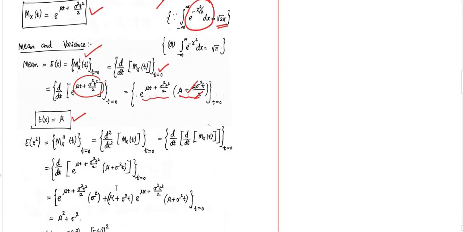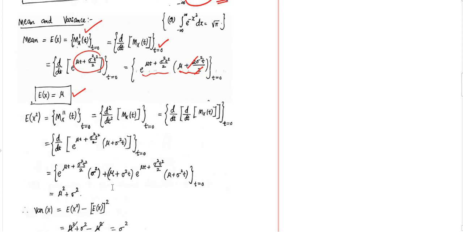Similarly, we should determine E of x square, that is differentiation of Mx of t twice, that is Mx double dash of t at t equal to 0. The first time differentiation answer we have already. When you differentiate it again, you will get mu square plus sigma square.